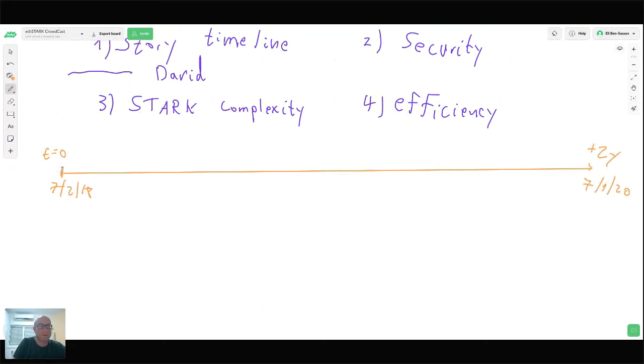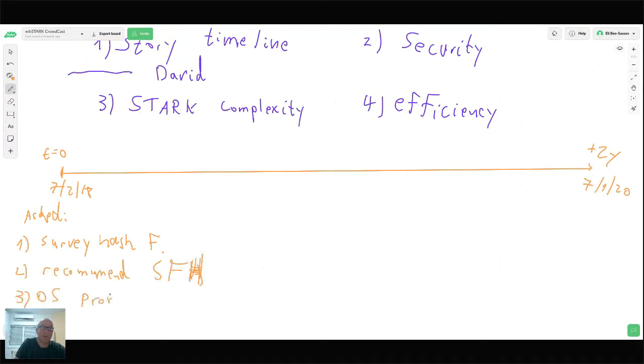The Ethereum Foundation signed a grant with StarkWare, and basically it asked for the following things. One is to survey hash functions. Two is to recommend a Stark-friendly hash. And three is an open source prover plus verifier for it.